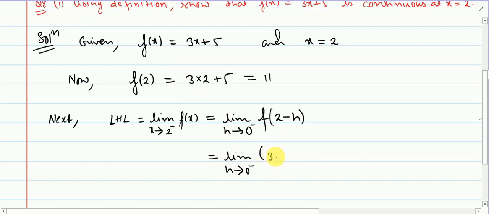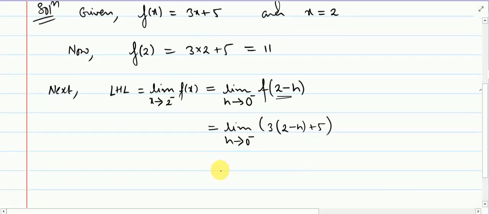So we get 3 times, because this is like x for you right now. Okay, so 3 into, in bracket, 2 minus h plus 5. Now first of all, what we should do is we should put h equal to 0, and we should see whether we are getting definite value or not.